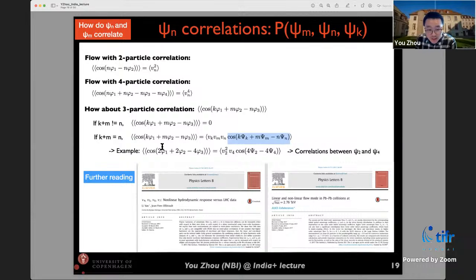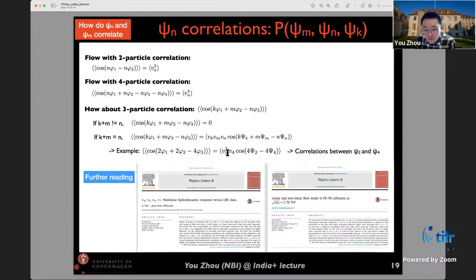Now we do a three-particle correlation with 2φ1 plus 2φ2 minus 4φ3. That will give you V2 squared times V4 times the cosine of 4ψ2 minus 4ψ4, which is very useful because it will give you the correlations between different order flow symmetry planes.